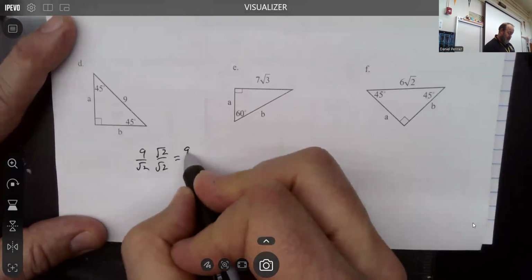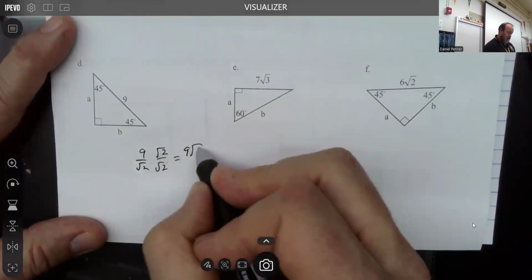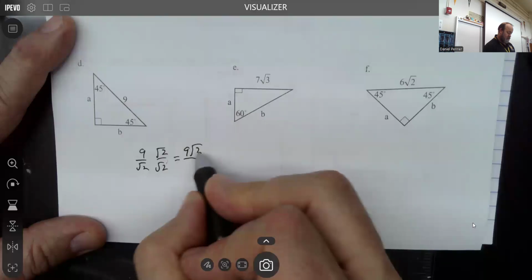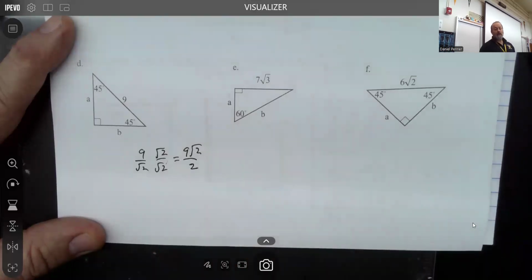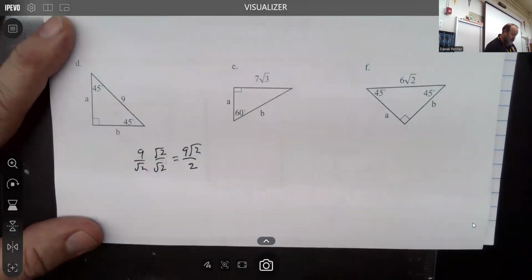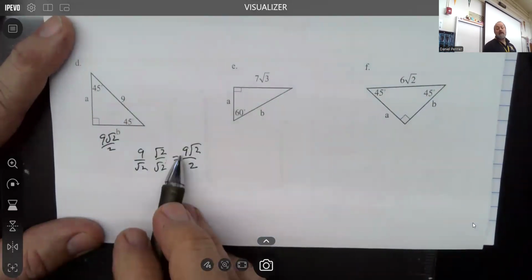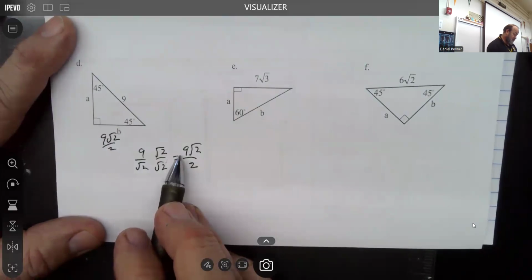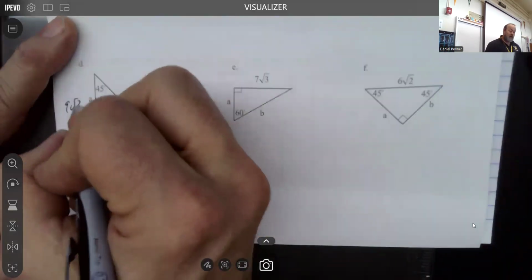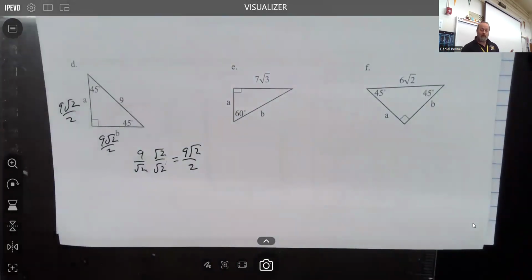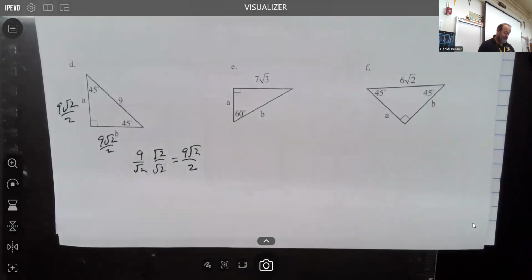So if I do the little fixed step that we talk about, 9 roots of 2 is on top and 2 is in the bottom. And I know we always want to try to fix that, but I really can't do anything with it because 2 doesn't go evenly into 9, and I'm done. This is 9 roots of 2 over 2. I know that's an uncomfortable number for a lot of people, but it is what it is.